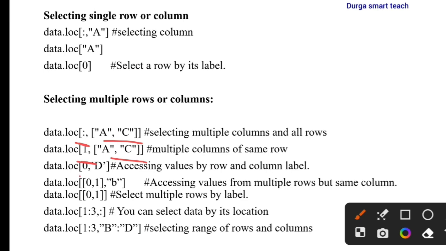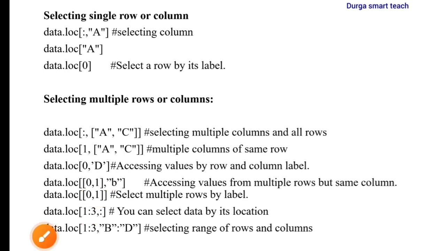Next, the 0th row, accessing values by row and column, so the 0th row and d column. Next, the 0 and first row, b column. Then rows 1 2 3 and all columns, and rows 1 2 3 and b, d columns, for specific columns. You can practice on your systems.